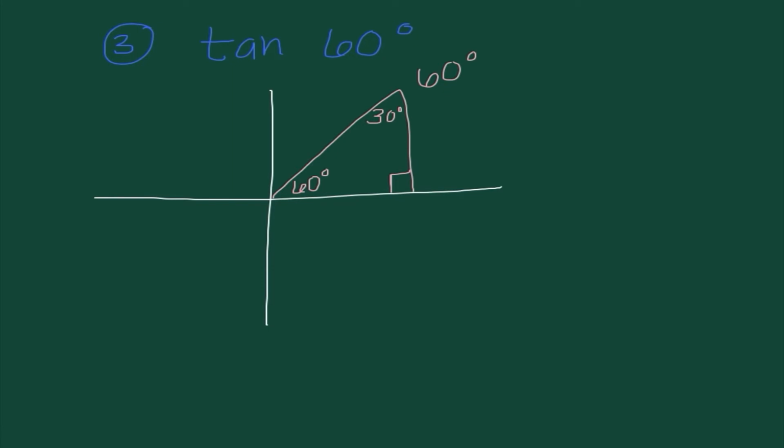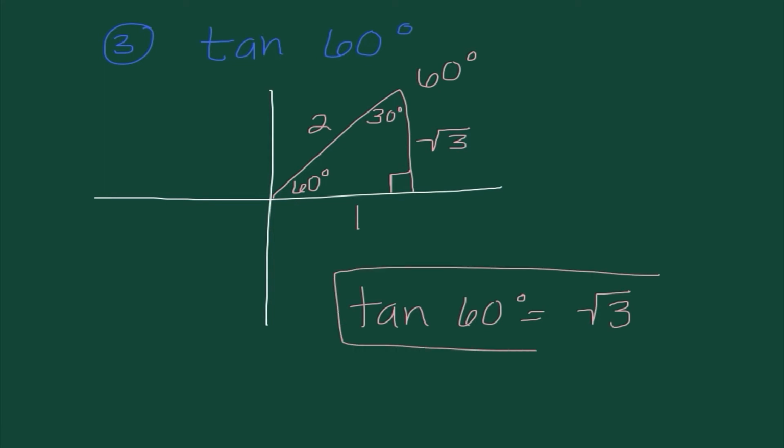This time, opposite from 60 degrees is the side length of radical 3. My adjacent side is 1, and my hypotenuse is 2. I know tangent is opposite over adjacent, so I would say tangent of 60 degrees is radical 3 over 1, or just radical 3.